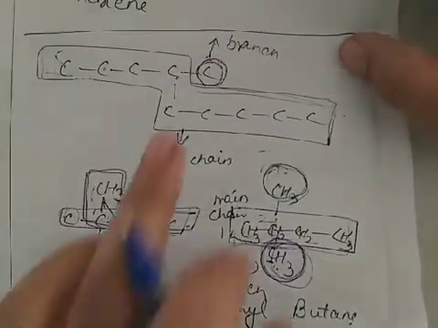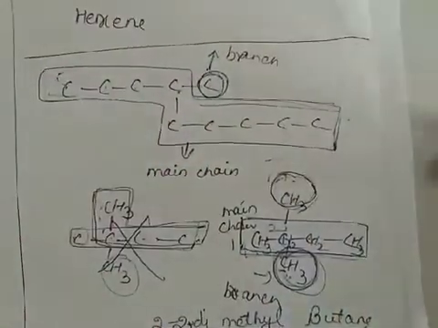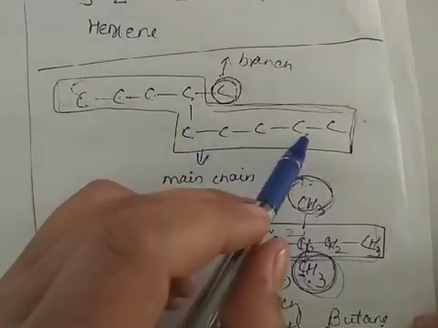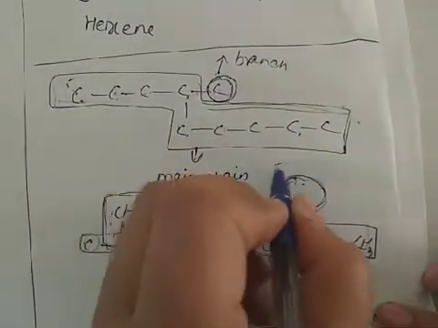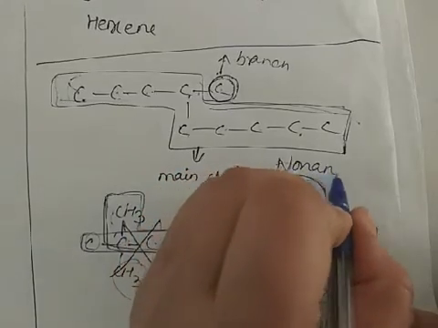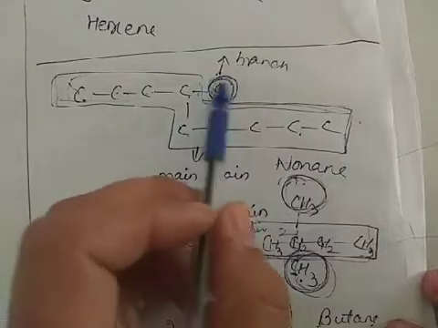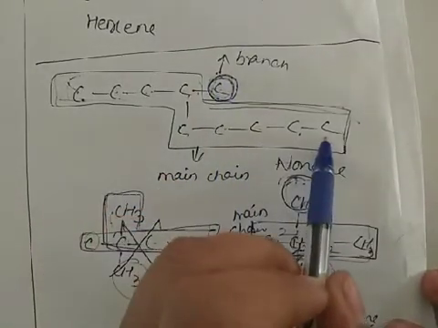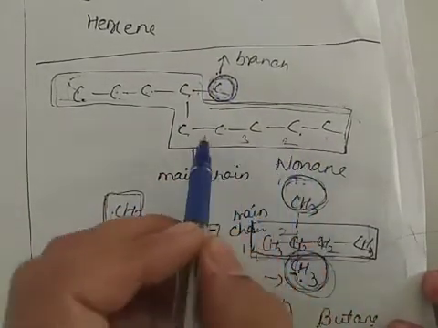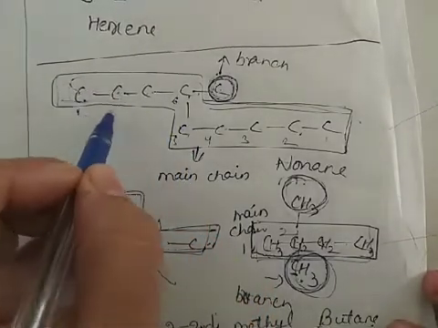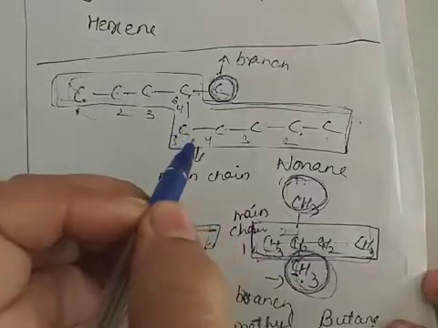Correct. Now how to write this long chain? See, methyl, ethyl, propyl, butyl, pentyl, hexyl, heptyl, octyl, nonyl, so it will become nonane. And on which carbon number is this alkyl group? If I start numbering from here, it will get number 6. If I start numbering from here, it will get number 4.